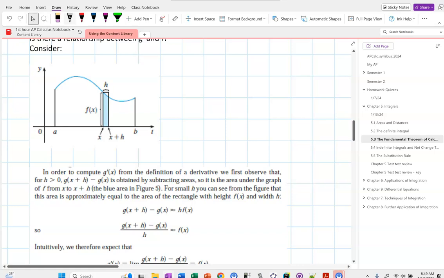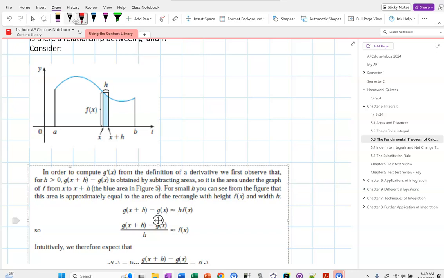In order to compute g prime, the derivative of g, from the definition of a derivative, we observe that when h is greater than 0, g of x plus h minus g of x is obtained by subtracting areas, right?